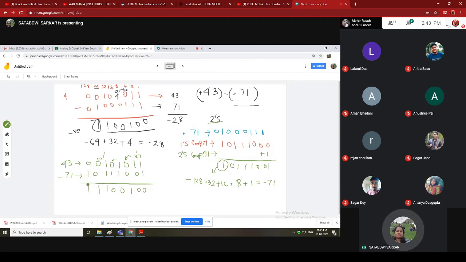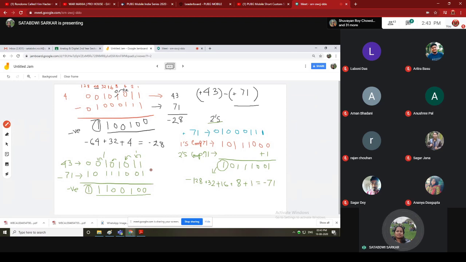So this is an extra bit. See here, this is an extra bit. It represents the negative value, when there will be any negative value.